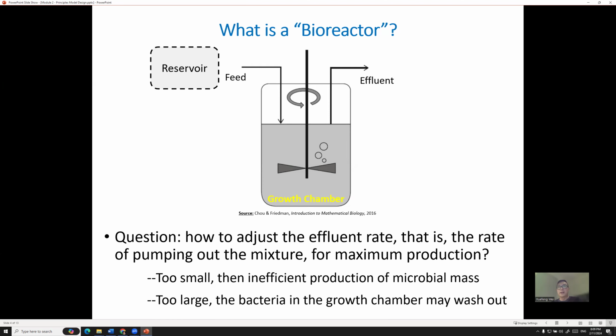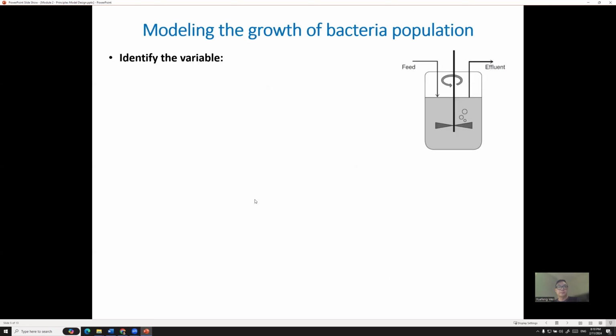Otherwise, there's a detrimental accumulation of bacteria inside the chamber that is not drawn out fast enough. Of course, this effluence rate cannot be too large. If it's too large, then the bacteria in the growth chamber may wash out. So in order to determine the optimal rate of pumping out the mixture, we need to develop a mathematical model.